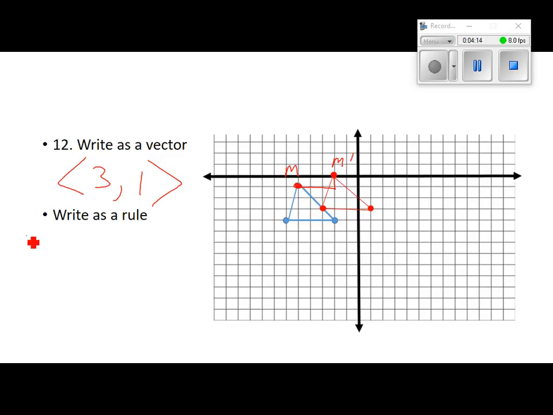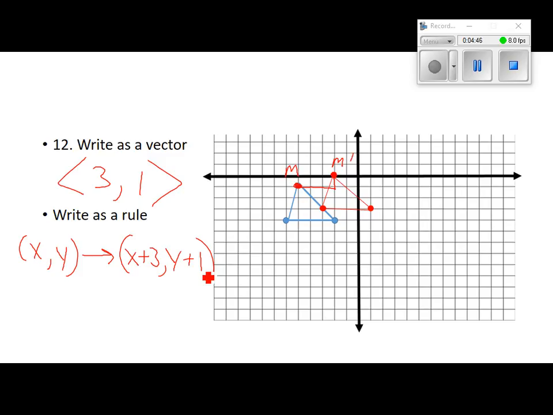Now if we're writing it as a rule, the rule looks like this. It's (x, y) goes to, and then it's got the parentheses still. These both are going to mean the same thing, just written 2 different ways. What do we do to each x coordinate? We added 3, so it's just going to be x plus 3. What do we do to each y coordinate? Add 1. So y plus 1. This is in vector form, this is in rule form.